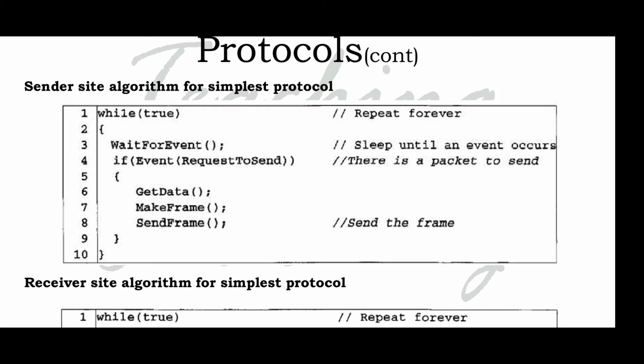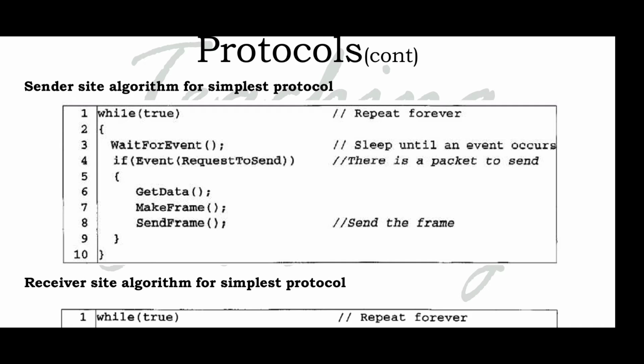The receiver side cannot deliver a data packet to its network layer until a frame arrives. So once the frame arrives from the physical layer, the receiver will send the data to the network layer.